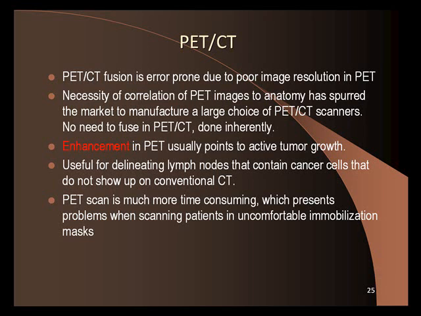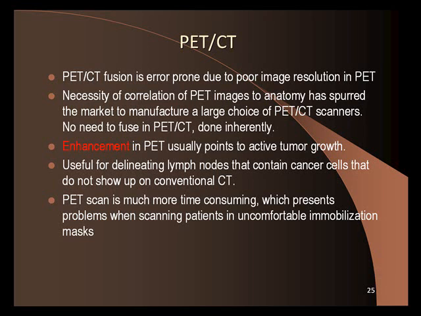So a PET CT allows you to fuse it inherently because the patient gets a CT scan and they're in the same position, and then they get a PET scan. They just keep going further down in the machine. Okay, so there's been a lot more PET CT scanners in the industry. Don't need to fuse it.